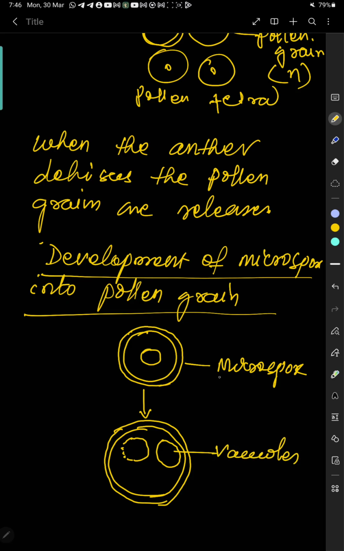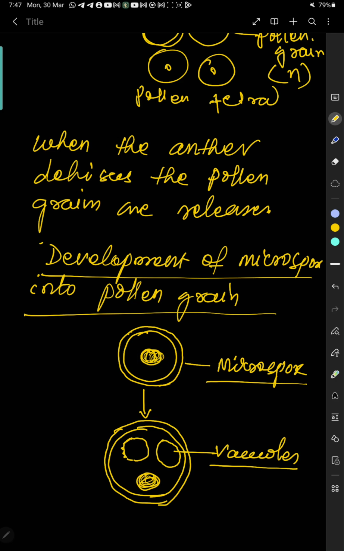It develops the vacuoles which store the nutrient. And this is the nucleus.